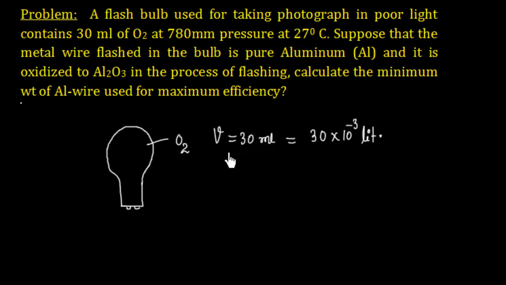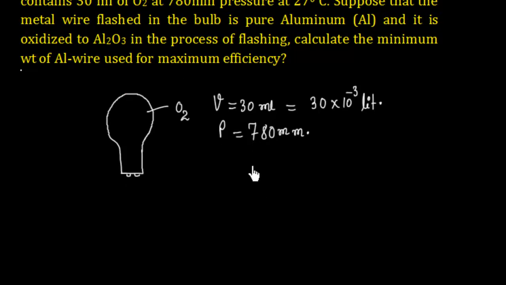We also have the pressure inside, which is 780 mm pressure. Now basically we know 1 atmospheric pressure is equal to 760 mm.